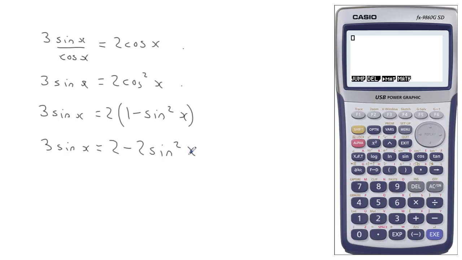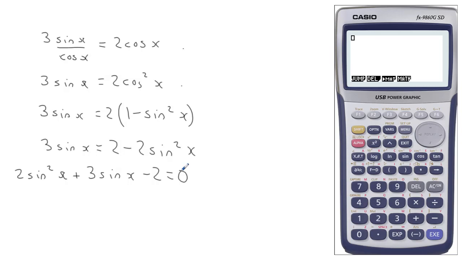We want the squared term to be positive, so we're going to move everything over to the left-hand side. So 2 sine squared x plus 3 sine x minus 2 equals 0. When you get something like this, you might just be really comfortable factorizing.